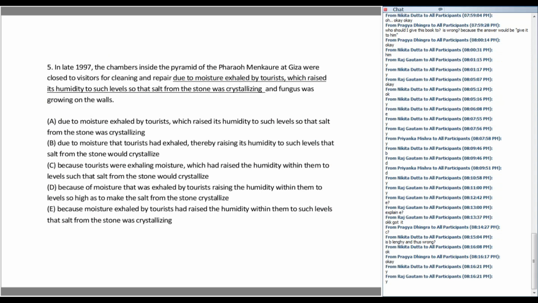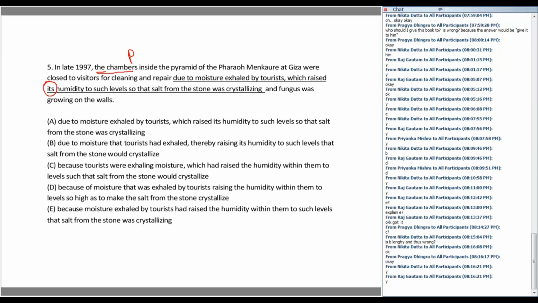One mistake is right here. Its humidity. These are chambers, plural. So the humidity inside the chambers has increased, right? So it cannot be its because its is singular. You will have to use a plural pronoun there.